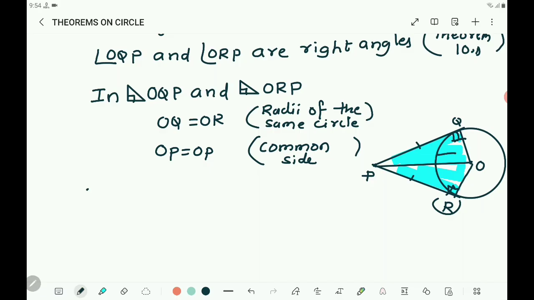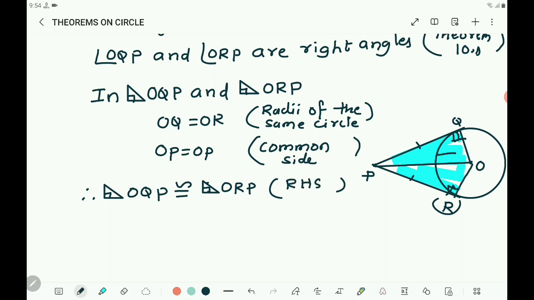Therefore you can write triangle OQP is congruent to triangle ORP. According to which congruence rule? RHS congruence rule.